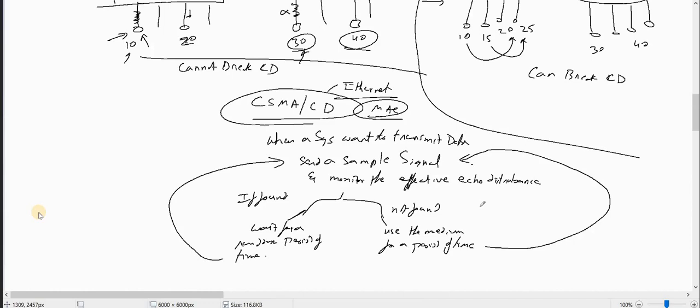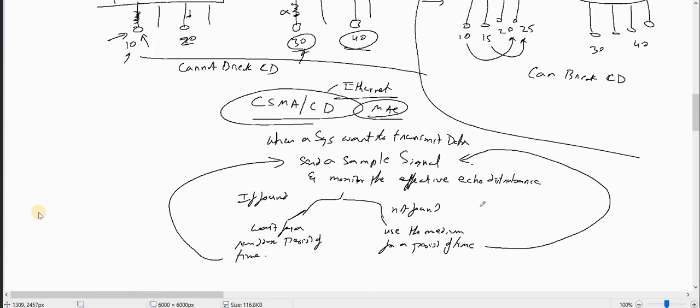If I have a 1 GB file to transfer, I will not take the medium for that entire 1 GB transmission. That's not the way it works. I will take the medium for a few milliseconds and then release it, and again send the sample signal. So it is release and capture, release and capture.